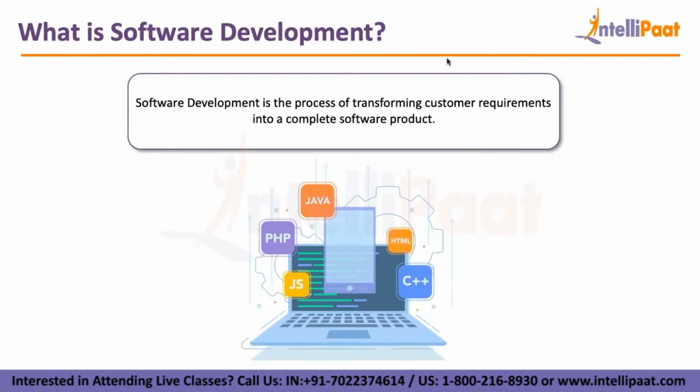Let's say I have an idea of creating an application like Instagram, but I don't have any technical background. So if I'm the owner of my company, I'll hire a person who's technical enough, a technical architect, and I can tell him my ideas and the features that I would want in my application. And now you go ahead and create this application for me.